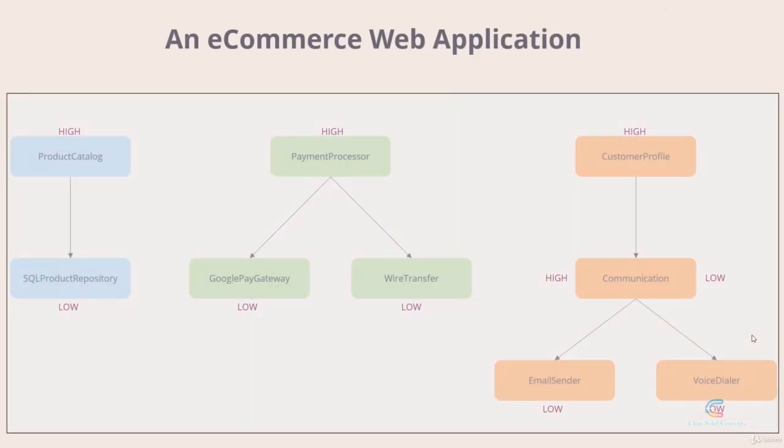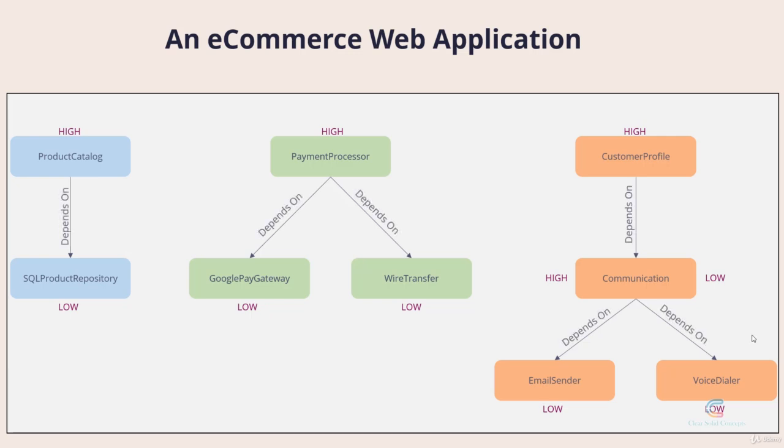Back to the diagram. Note the arrow from product catalog to SQL product repository. This arrow should be read as depends on. So product catalog depends on SQL product repository. Product catalog, a high-level module, depends on SQL product repository, a low-level module.